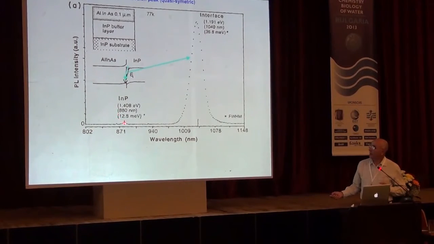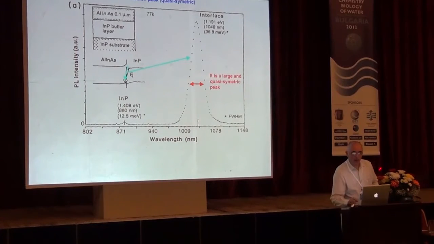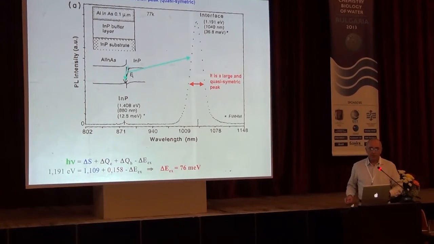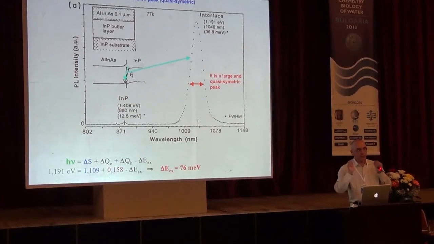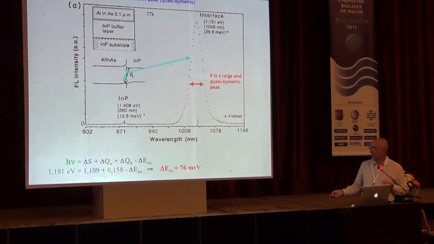And I see a very little emission from this material. In this case, the emission peak is quasi-symmetric. Note that this is a very low temperature. And it is quasi-symmetric and a very dense peak. And the calculation for the exciton, meaning the attraction between the electron and the hole, gives about 76 millielectron volts.